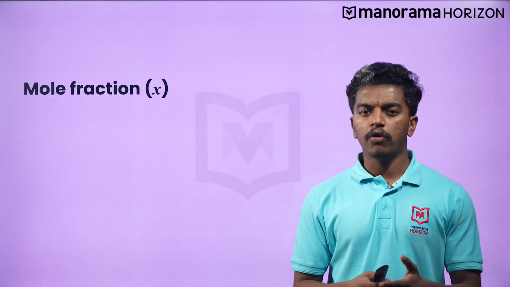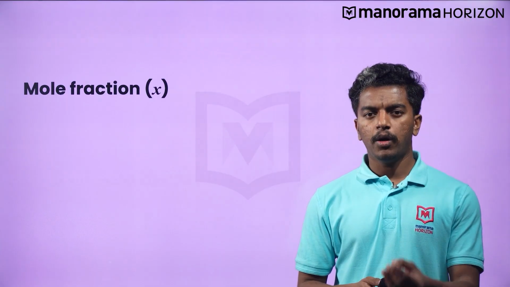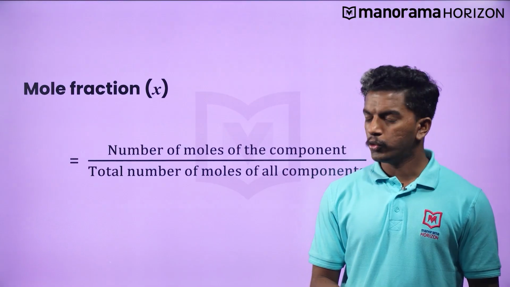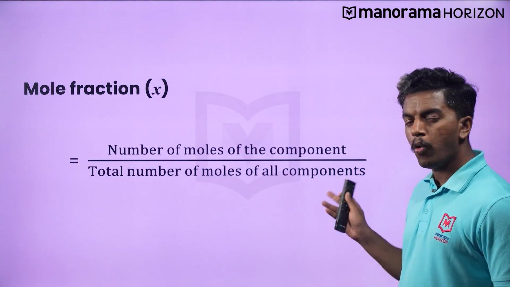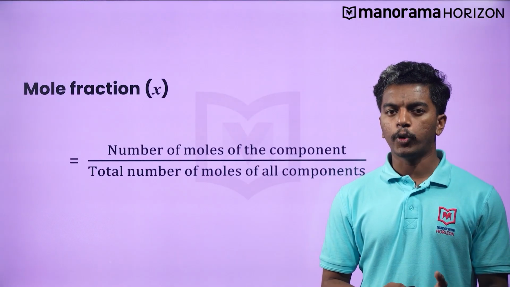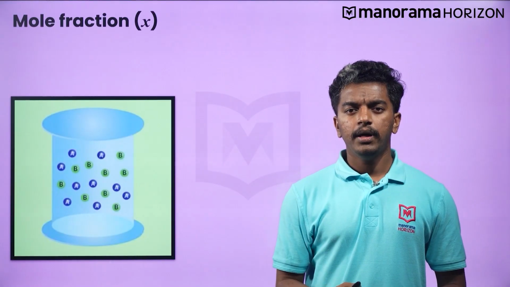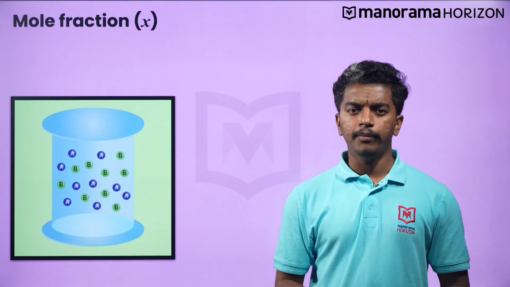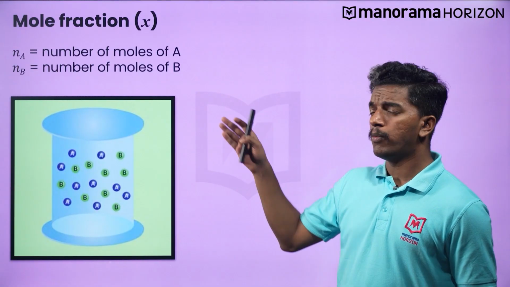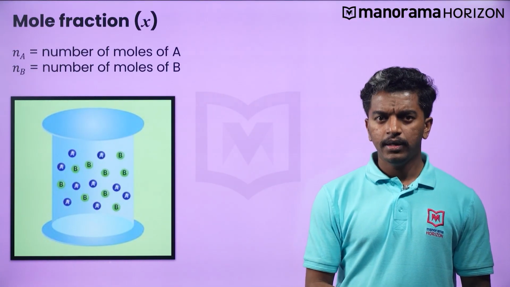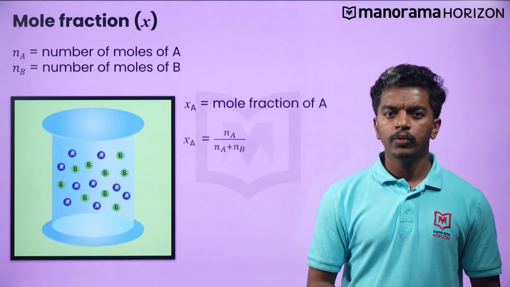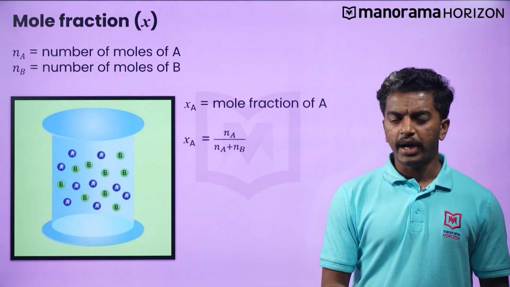Now, let us discuss mole fraction. The mole fraction of a component is the ratio of number of moles of that component to the total number of moles of all the components. Mole fraction gives the concentration of various components in a mixture. If in a binary mixture with components A and B, Na and Nb are the number of moles of A and B respectively, then the mole fraction of A is given by Xa equal to Na divided by Na plus Nb.